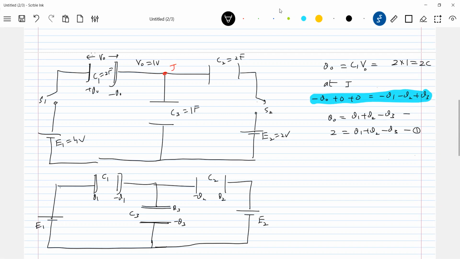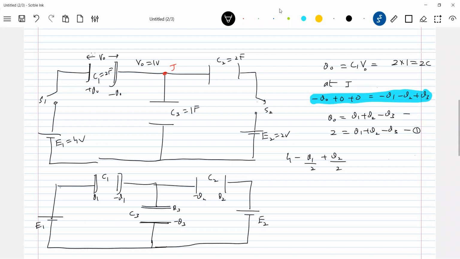Let's write the loop equation. So this will be 4 volt. Directly I'm writing it to save time. So this will be Q1 by 2. This is a path. I'll prefer a path like this. Plus 4 minus Q1 by C1 minus Q1 by 2. Negative to positive, rise in drop, minus C2 equal to 0. Is that okay? So 4 minus Q1 plus Q2 by 2.